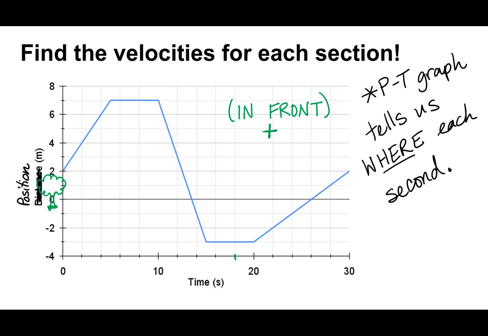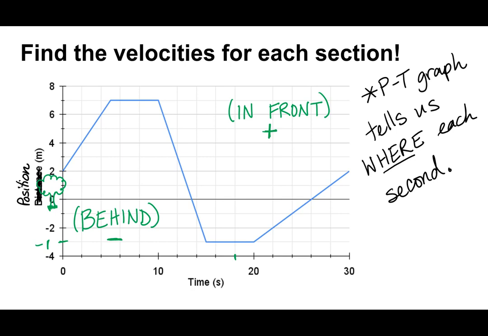And so at 18 seconds, I'm here at -1 meters. That means I am behind the tree. And so negative positions mean behind whatever is the 0 point. Positive positions means you are in front of.